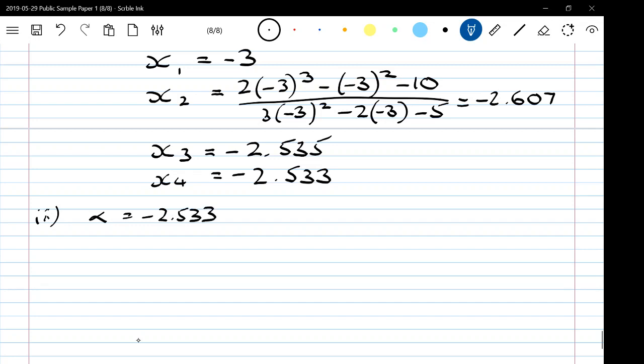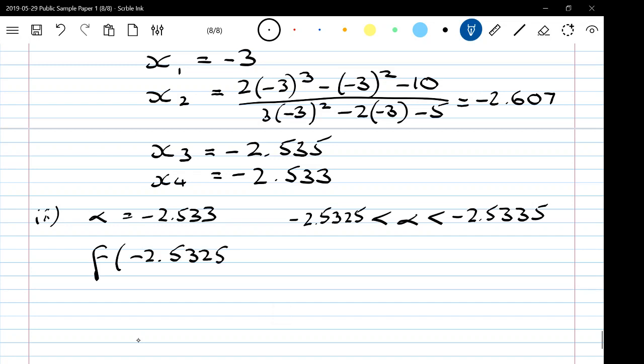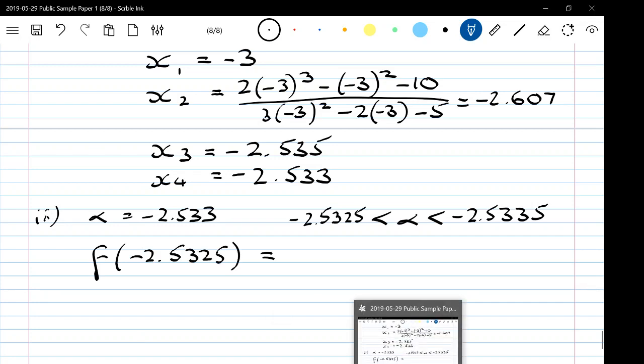If that's correct to 4 significant figures, that means that alpha is between minus 2.5325 and minus 2.5335. So we are going to use a sign change method, f of minus 2.5325. Let's work that out.